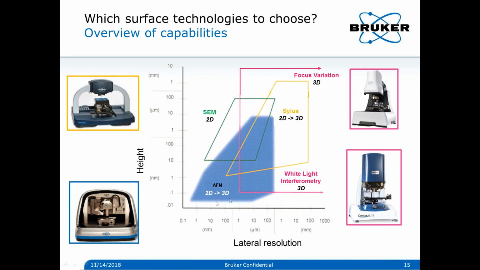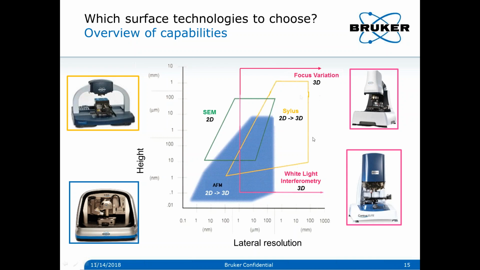So what we see is atomic force microscopy is made for super high lateral resolutions down to nanometers and sub-nanometer vertical resolutions, while the rest is nicely covered by focus variation and white light. And as we saw, white light interferometry will be more in the space of high lateral resolution and high vertical resolution, while focus variation will cover, through speed and illumination, larger fields of view. But you still see the stylus covers and overlaps much of that range.